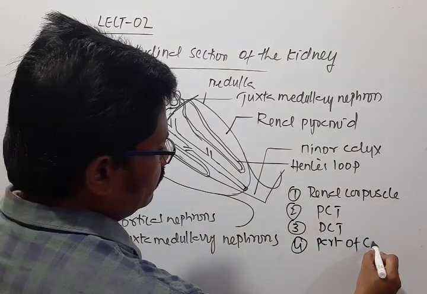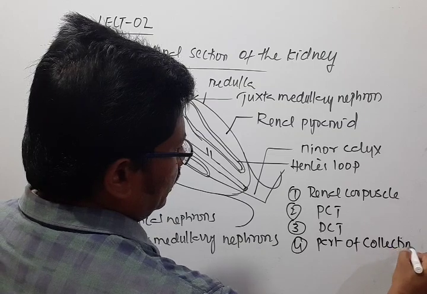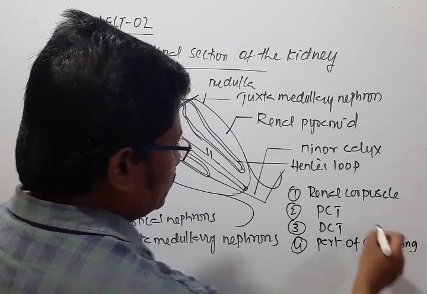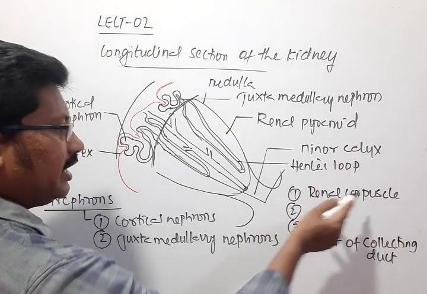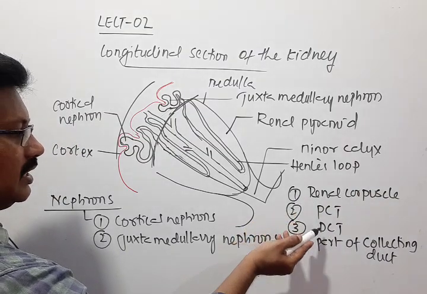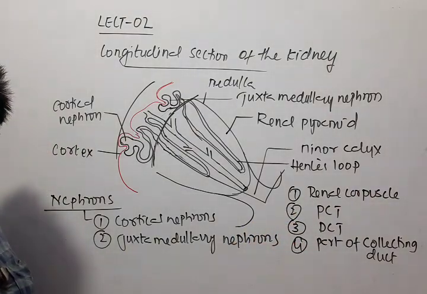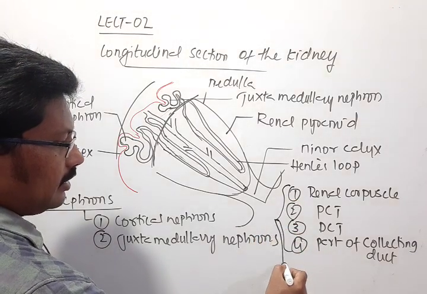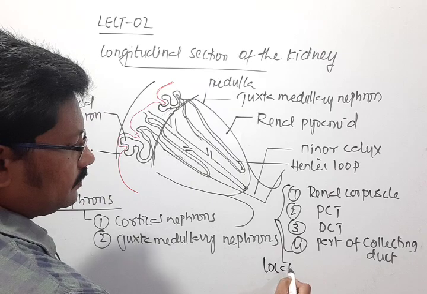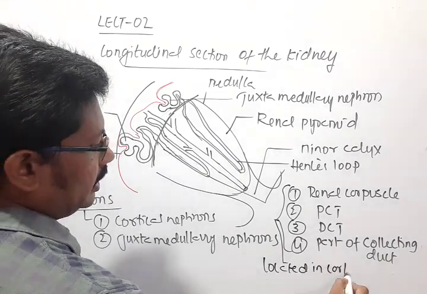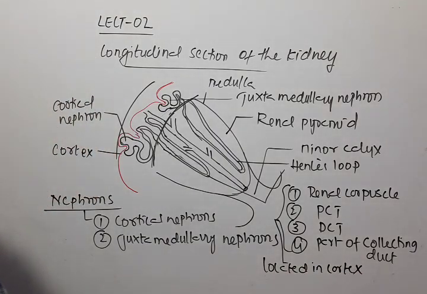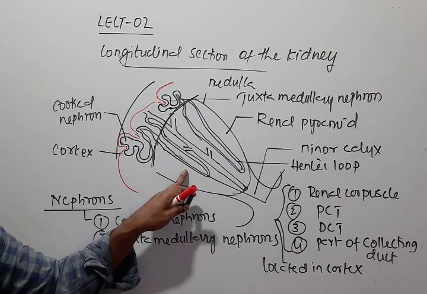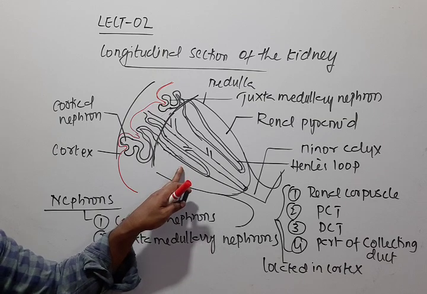So these parts, whatever I mentioned here, the renal corpuscle, PCT, DCT, and part of the collecting duct, these are located in the cortex region.